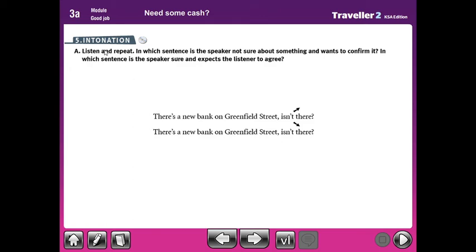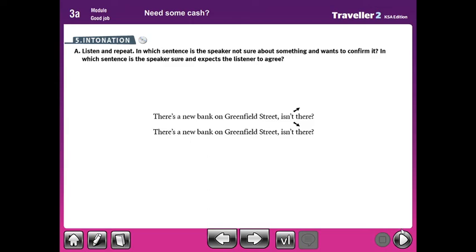Exercise number 5. Intonation. A. Listen and repeat. In which sentence is the speaker not sure about something and wants to confirm it? In which sentence is the speaker sure and expects the listener to agree?